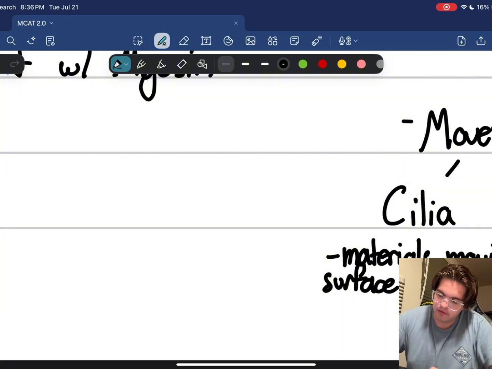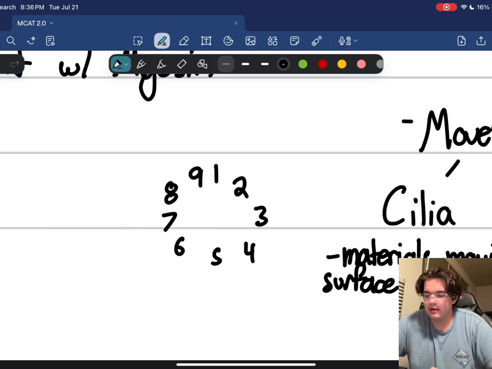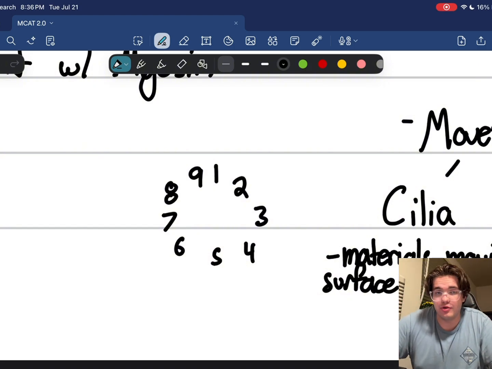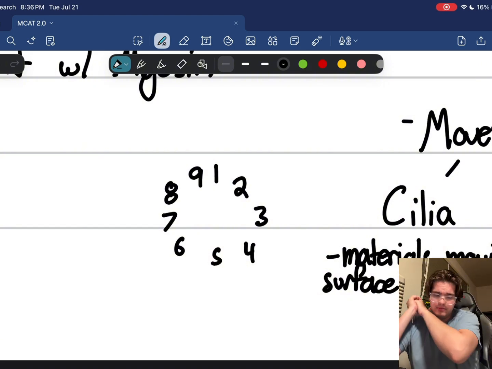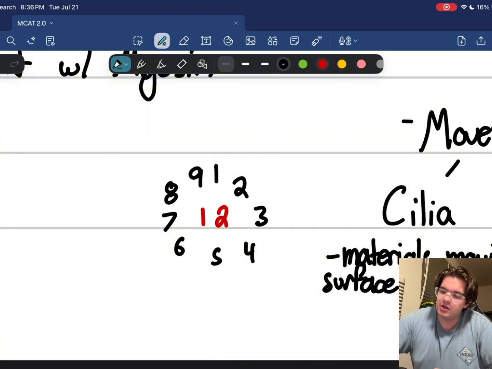We're going to have 1, 2, 3, 4, 5, 6, 7, 8, 9. When I have 9, and each of these, I'm not even going to try to draw it, are tubulin, hollow tubes, right? We have 9 surrounding, I'm going to change it to a different color, 1 and 2.